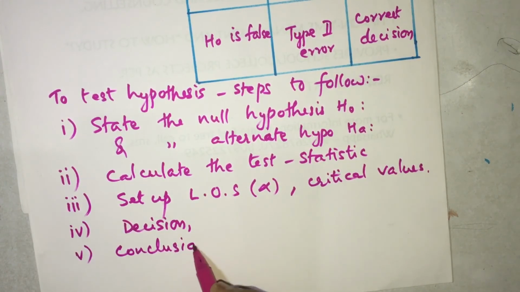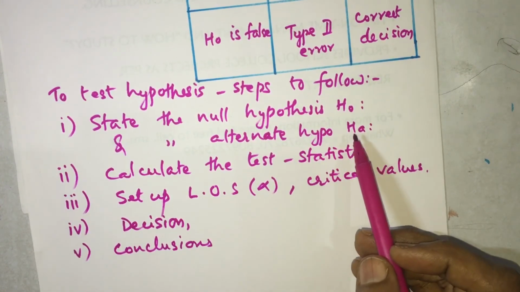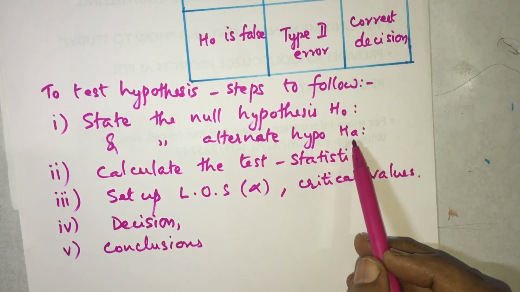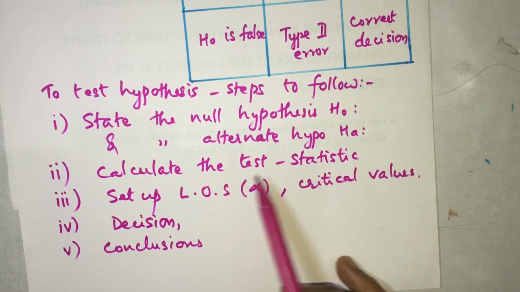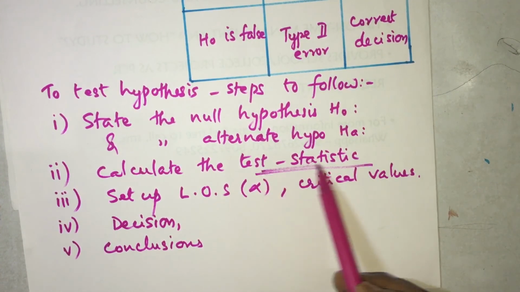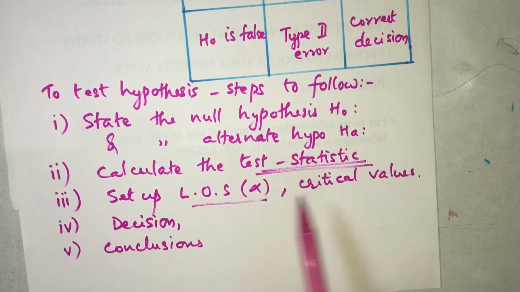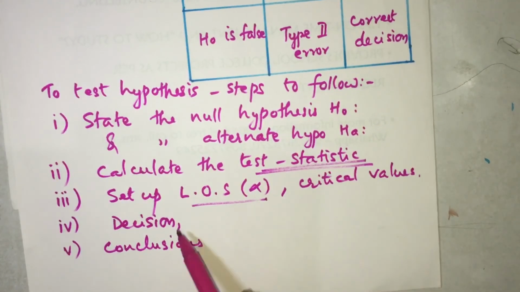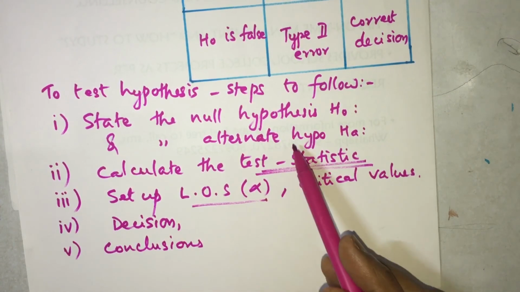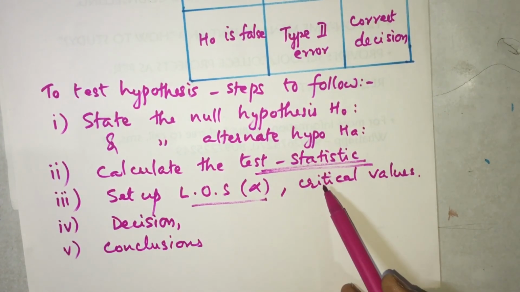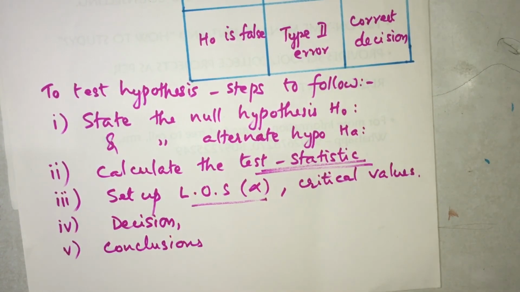So these are the steps to do while testing a hypothesis. You need to state the null hypothesis and alternate hypothesis, then calculate the test statistic, which will be explained in the next lecture, then set up the level of significance and find the critical values, then take the decision depending on the calculated value and the critical value, and finally do the conclusion.